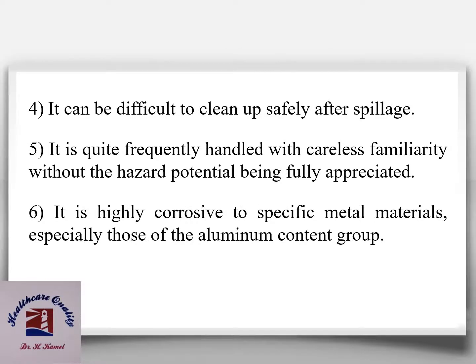It can be difficult to clean up safely after spillage. 5. It's quite frequently handled with careless familiarity without the hazard potential being fully appreciated. 6. It's highly corrosive to specific metal materials, especially those of the aluminum content group.